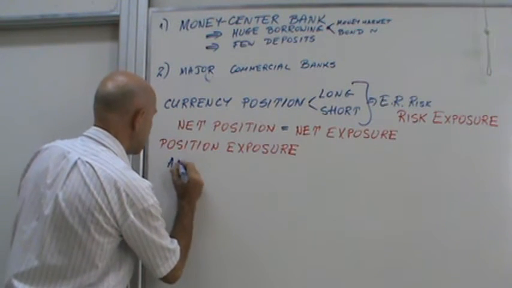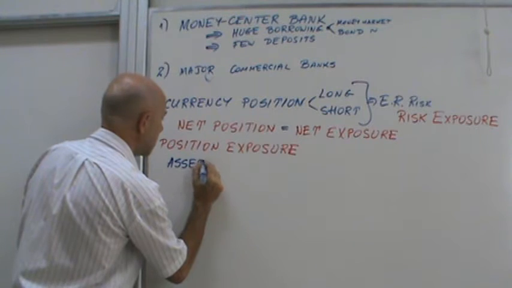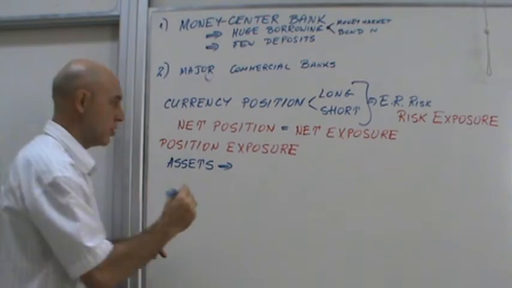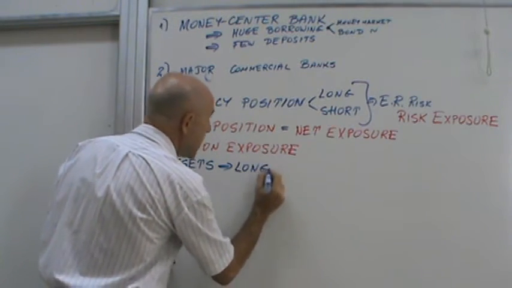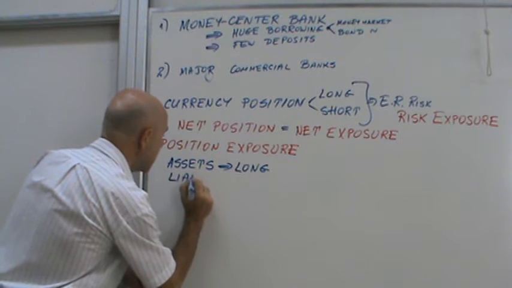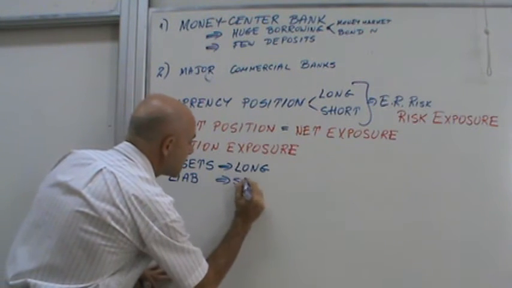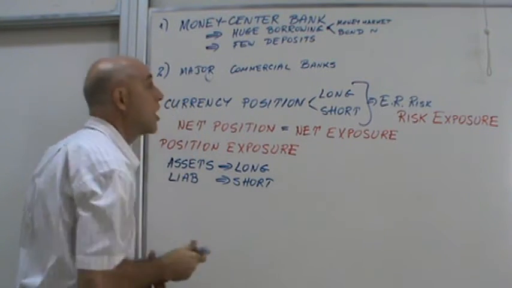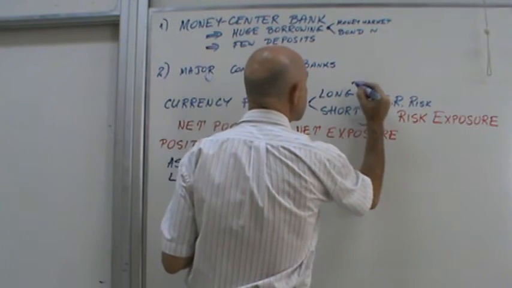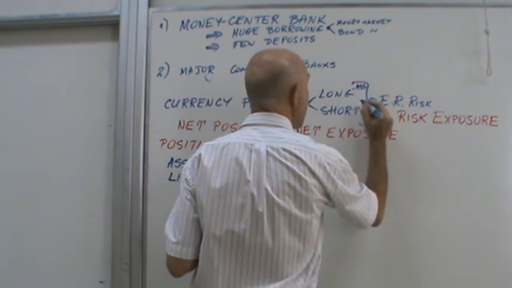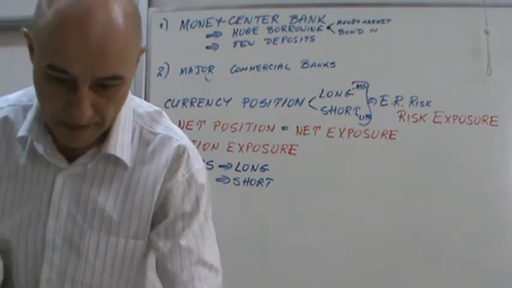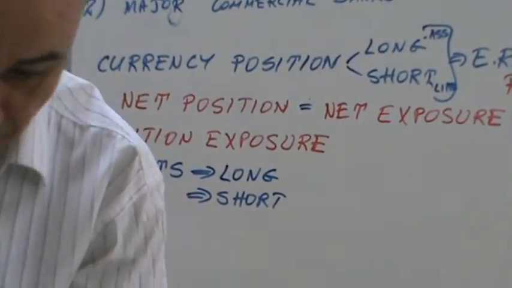Assets in a currency count for long and have a long position, and liabilities count for short. So currency exposure long is associated with assets and short is associated with liability. All right, net long, net short.